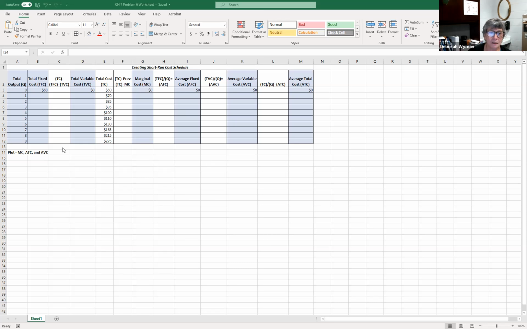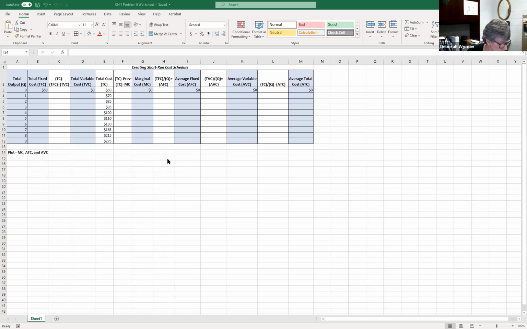The first thing we want to do is, the problem just says, construct the cost schedule using the data for a firm operating in the short run. And then after that, we're going to graph it. I'm going to show you how to graph it, but you'll be graphing in your own homework problems. This is not a homework problem.